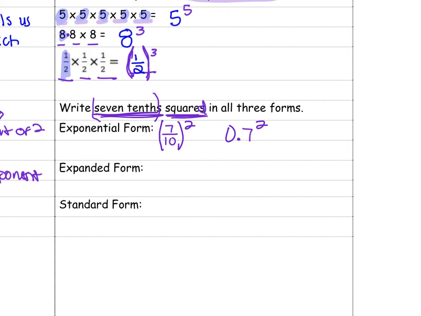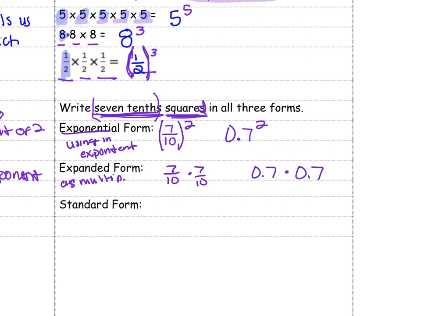Expanded, remember, means written as multiplication. So exponential using an exponent. Expanded as multiplication, or what it means. So 7/10 times 7/10, or 0.7 times 0.7. Because the base is our number, and the exponent tells us how many there are.